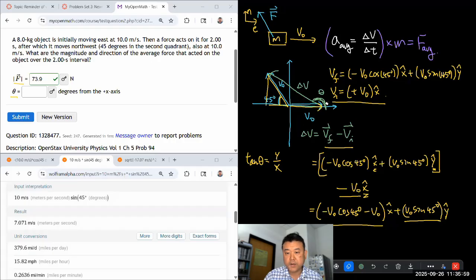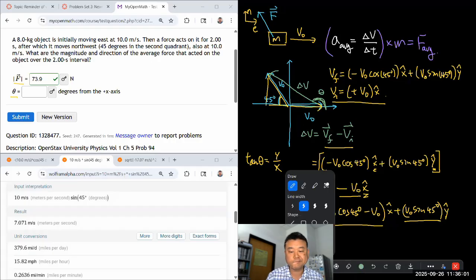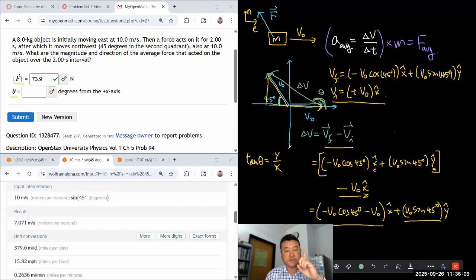So with the theta, the tangent will give me this acute angle here. Let me call that phi. So tangent phi, absolute value, and then I'll work through from phi to theta.